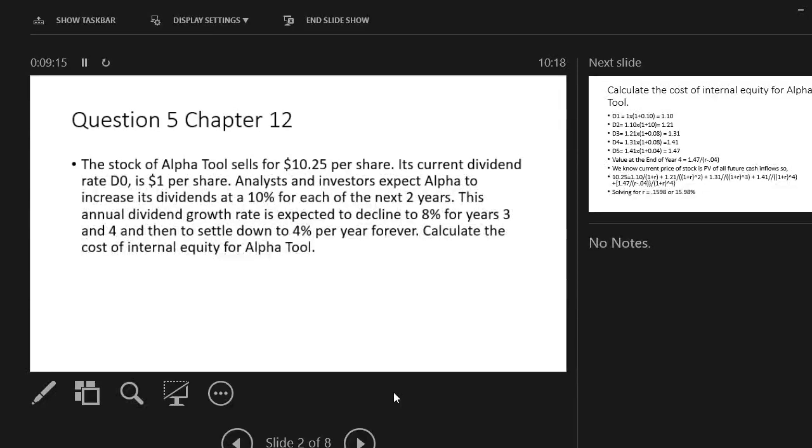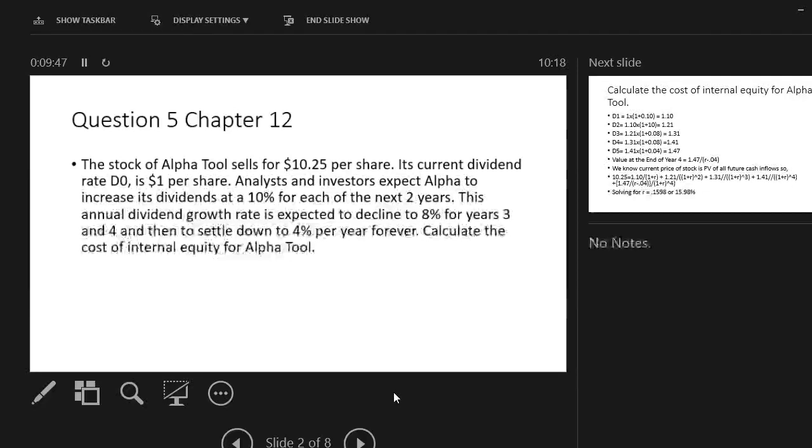Right? So for year 3 and year 4, we'll be looking at a growth rate of 8%. And then it's expected to settle down to 4% per year forever. Calculate the cost of internal equity for Alpha Tool.